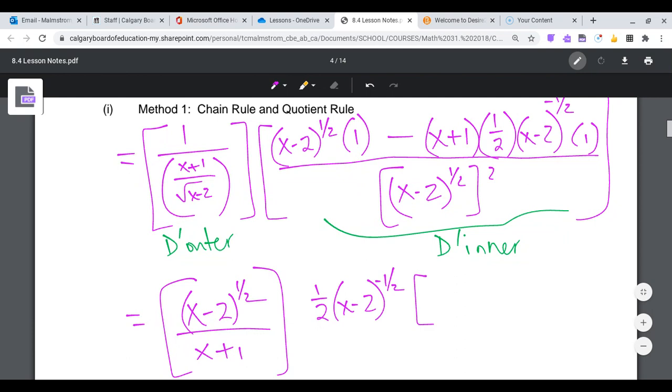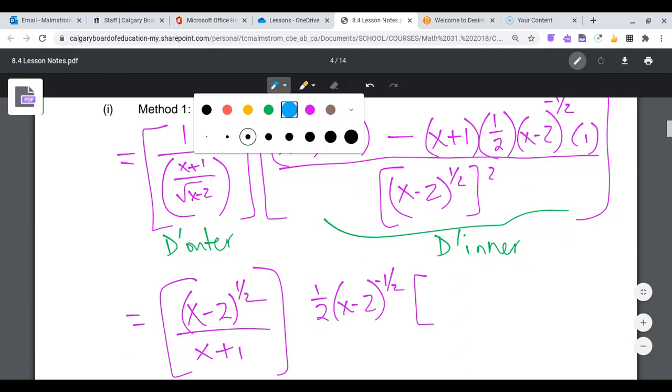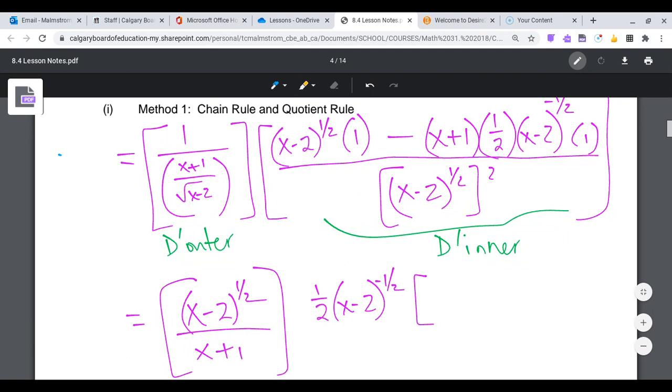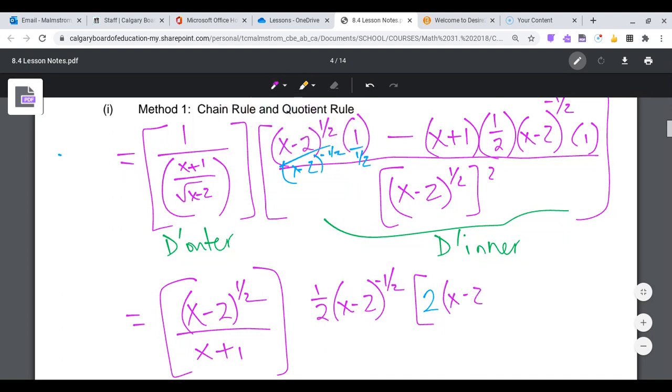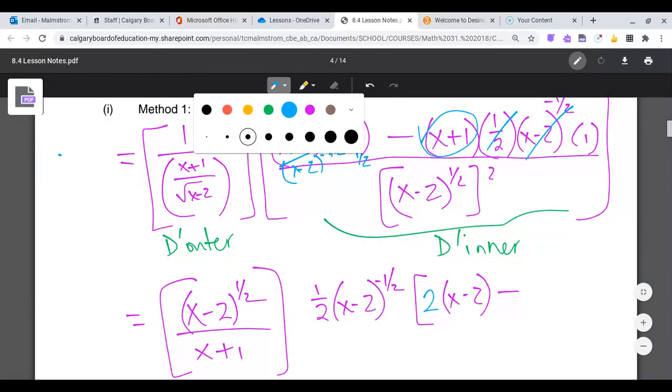So if I take a half out of this front part, 1 divided by a half, that's going to give me a 2 here. And then I would be dividing this x minus 2 to the half by x minus 2 to the negative half. That's going to leave me with x minus 2. And then I have subtract. The x minus 2 piece here is going to go away, leave me with my x plus 1.